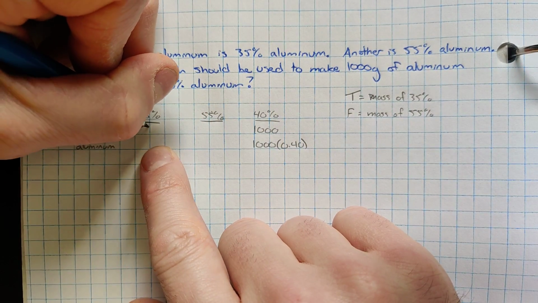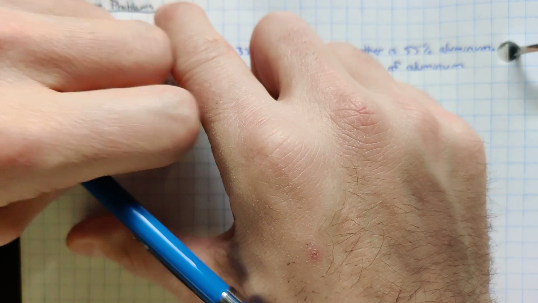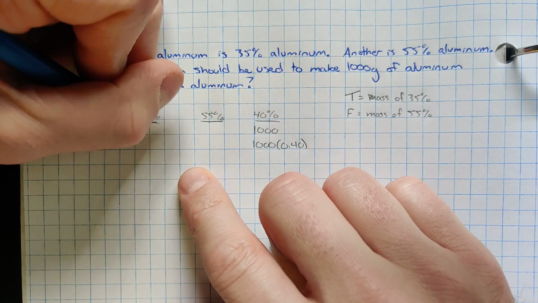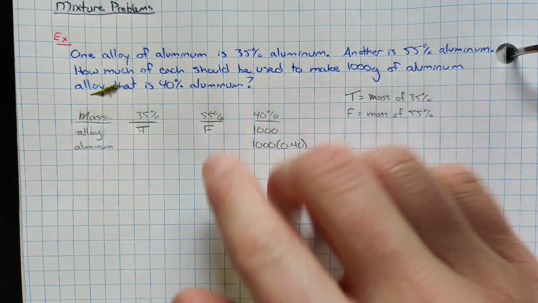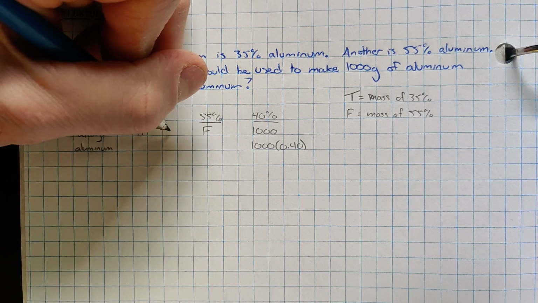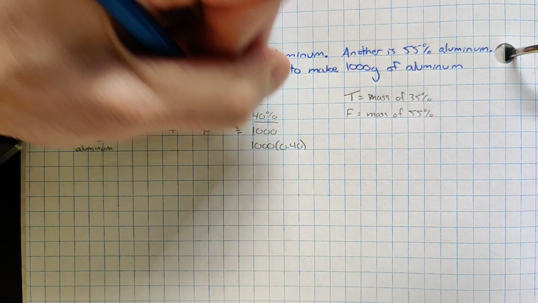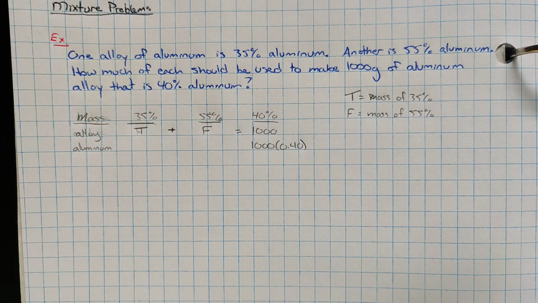So this will be the total mass of the 35%, T, and this will be the total mass of the 55%. If we add the mass of 35% plus the mass of the 55%, that will equal the total 1,000 grams.